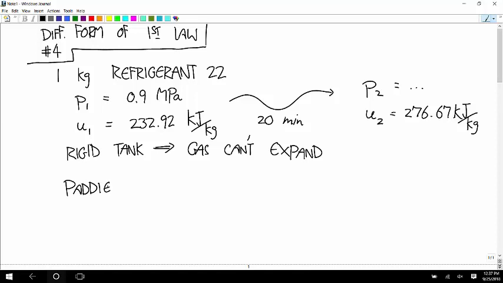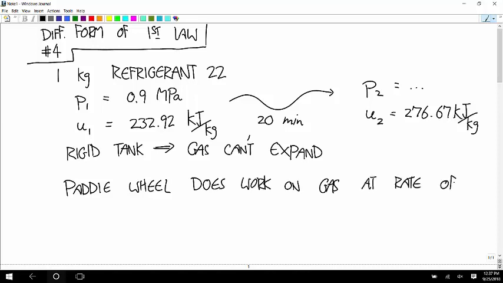And that adds energy to the gas through work. So that does work on the gas at a rate of 0.1 kilowatts.